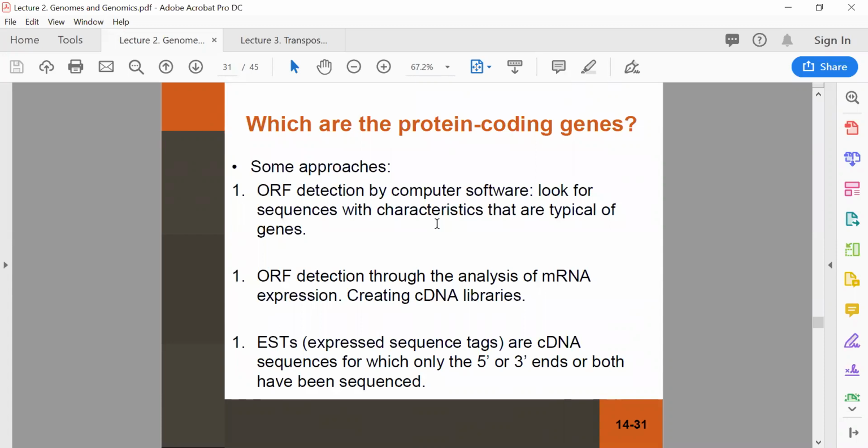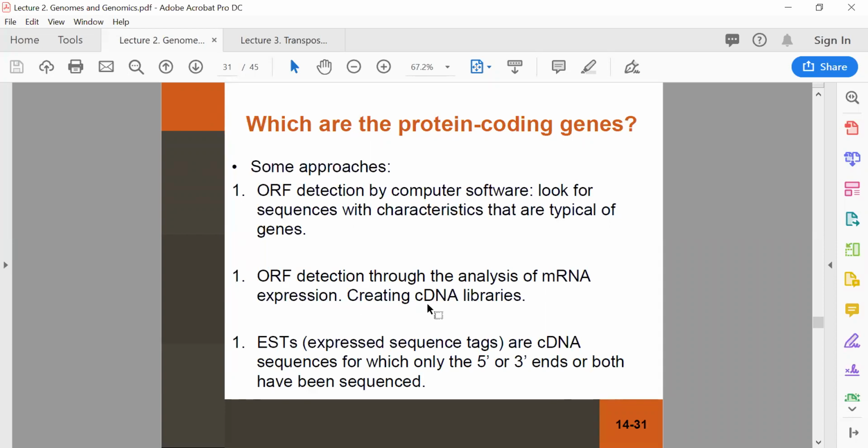All right, so that's one approach. Here's a second approach, and that is to detect these open reading frames that will potentially constitute protein coding genes, and this involves analysing the messenger RNA expression. And the way they do that is to take the messenger RNA, copy it into DNA, which is called cDNA, and then basically create libraries of those cDNA sequences.